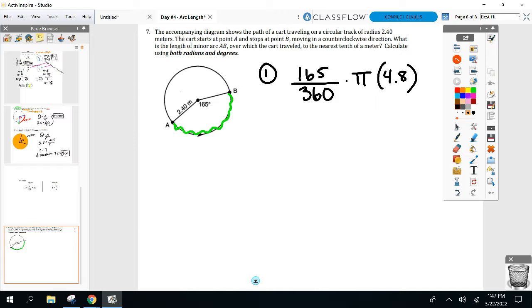In degrees, how to find the length of an arc. It does say nearest tenth of a meter, so plug it all in. I'm not looking for it in terms of pi here. Nearest tenth of a meter, so plug it all in. Relax back there. All right, relax.